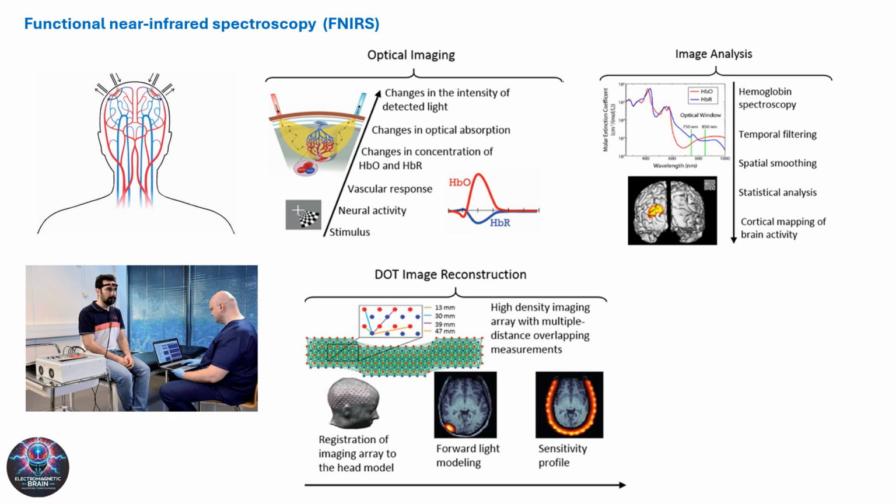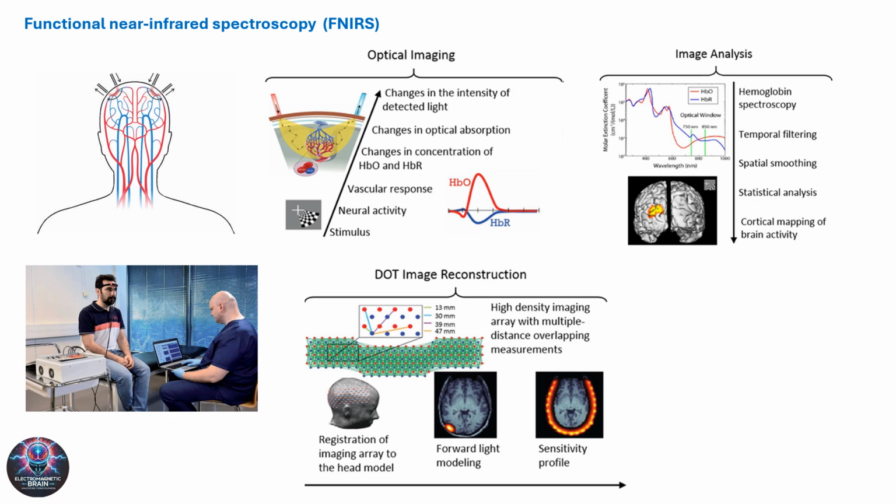The DOT, diffuse optical tomography, image reconstruction shown in the bottom center depicts the process of mapping the data collected from multiple sensors. This method involves high-density imaging arrays, with measurements taken at different distances, to improve the resolution of the brain activity map.